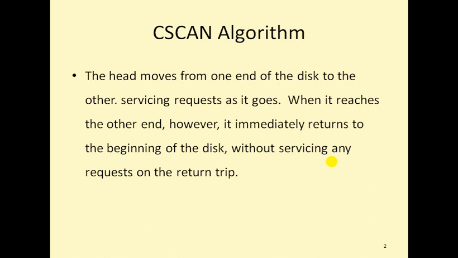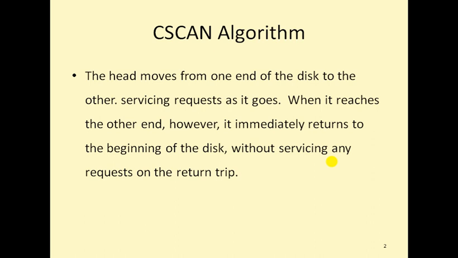When the head moves to one end, from that end it cannot accept any request. It simply moves to the opposite end. Again from that end, it starts the journey towards the opposite direction, and if any requests are there in that direction, it accepts them. That is about the CSCAN algorithm method.